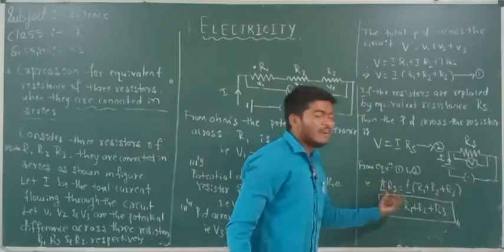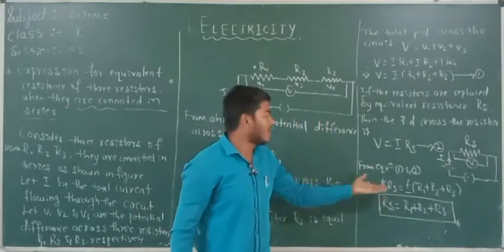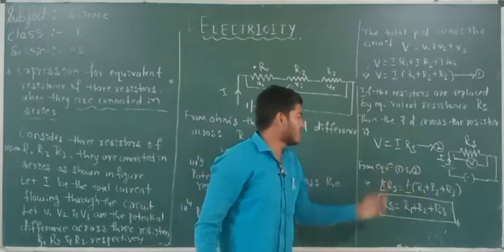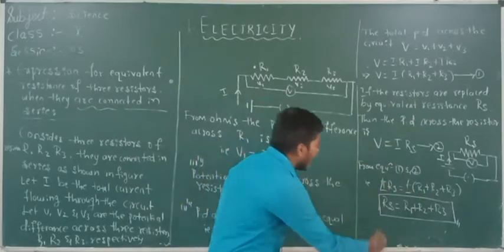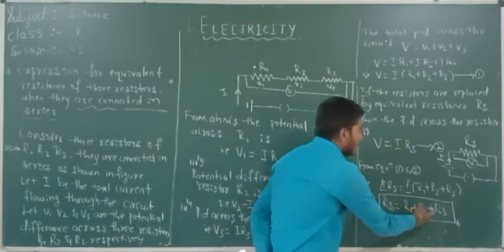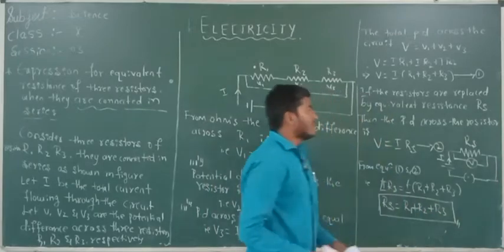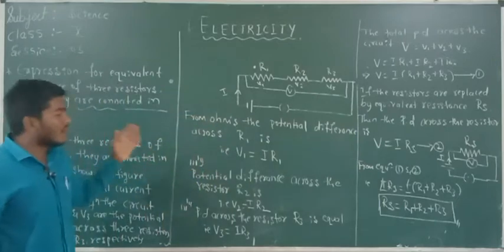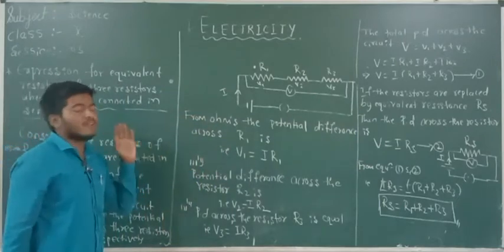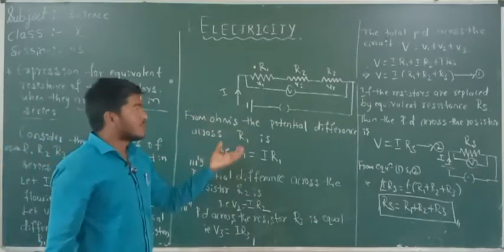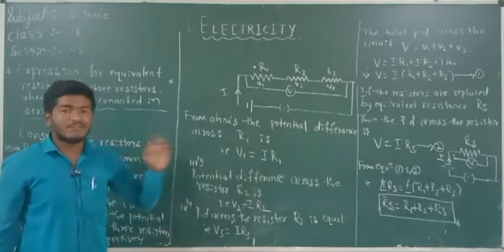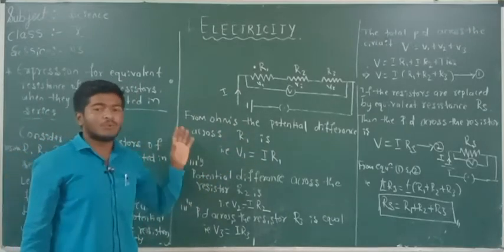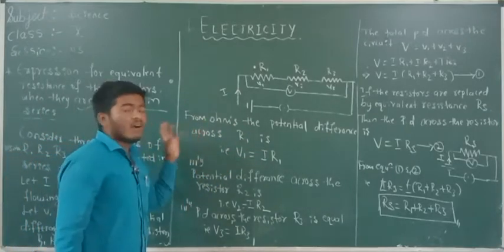Here the current is the common factor on both sides, so it gets cancelled. Then Rs is equal to R1 plus R2 plus R3. That is the required expression for the equivalent resistance of three resistors when they are connected in series. So it is a very important derivation for your examination. You have to concentrate clearly on this.